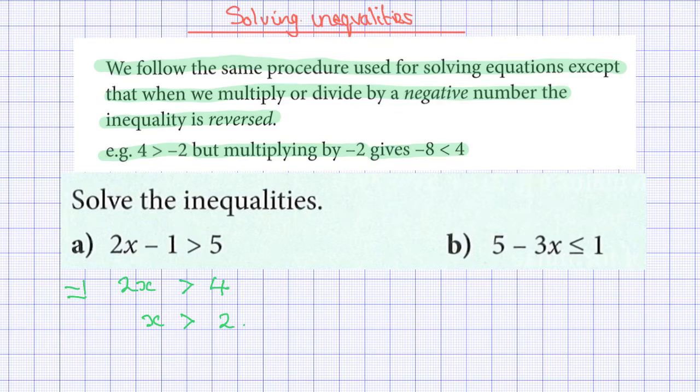Solving B. First subtract 5 from both sides. Now divide by -3. Remember, because you're dividing by a negative number, the inequality is reversed.